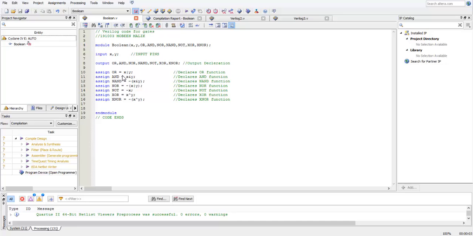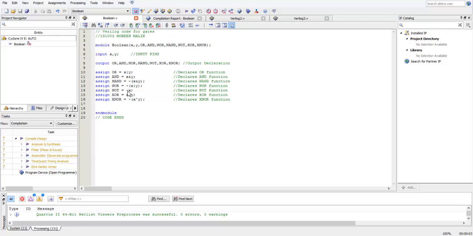Now, the relation is defined as their logical operations, as OR is the logical OR operation between X and Y and is declared by this sign. NAND is a collective NOT. This sign represents the NOT, is the collective NOT of X and Y. NOR is the collective NOT of OR.